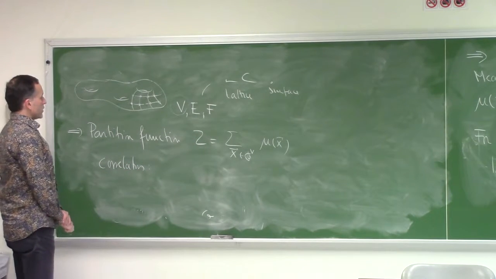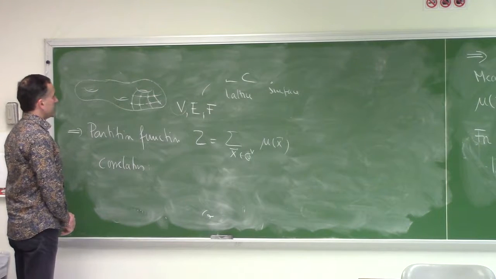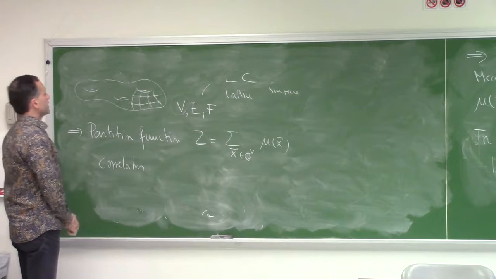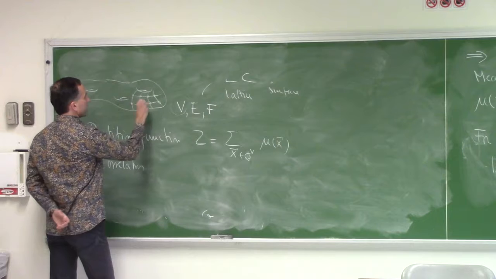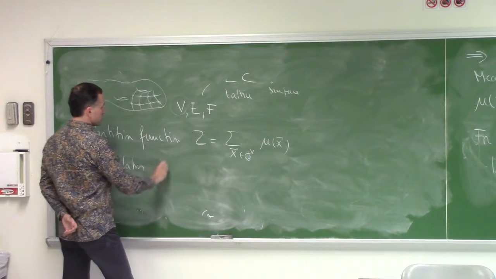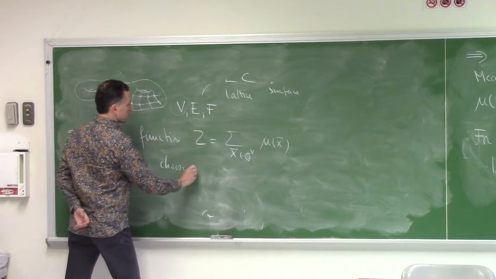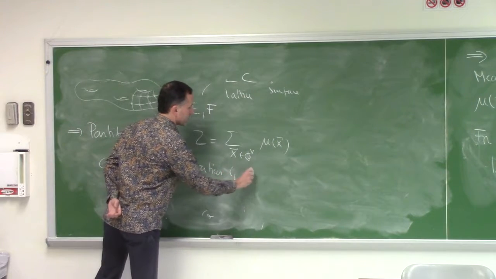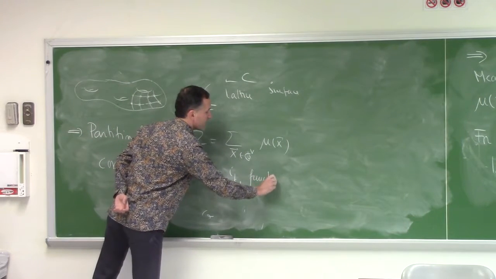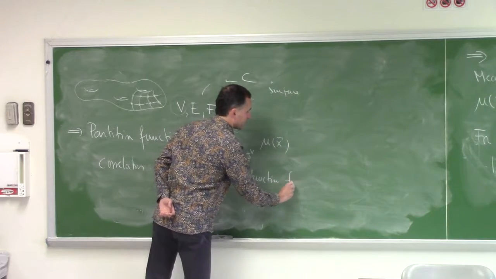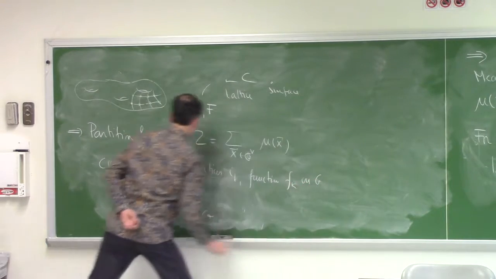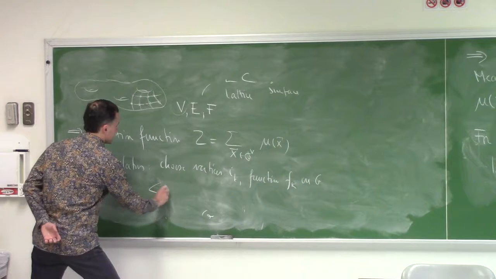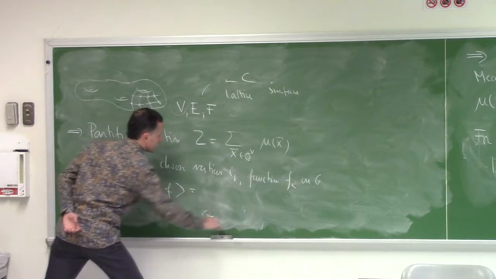Well, how would we define correlators? For example, you could take a function on the group at some point. So choose some points, choose vertices i_k, and functions f_k on the group G, and look at the expectation value of f.